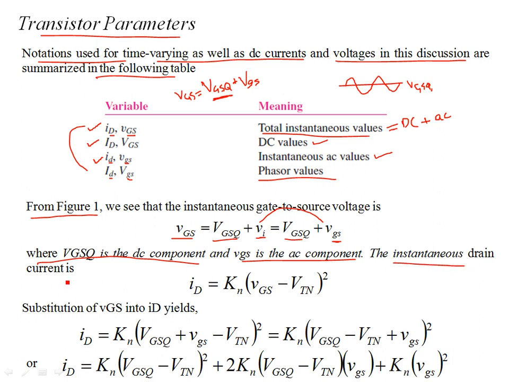The instantaneous drain current, for the saturation region, has the IV characteristic written as such. Now this vGS has both AC and DC components, so let's substitute it into this equation. Kn is the conduction parameter of the transistor.